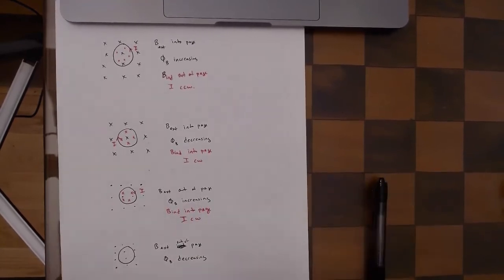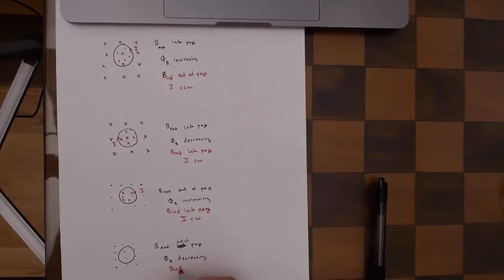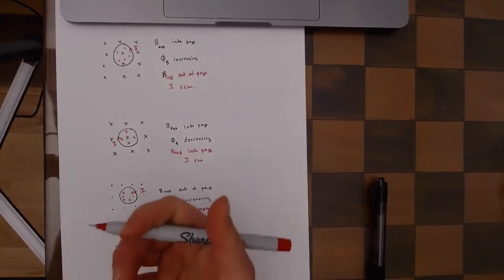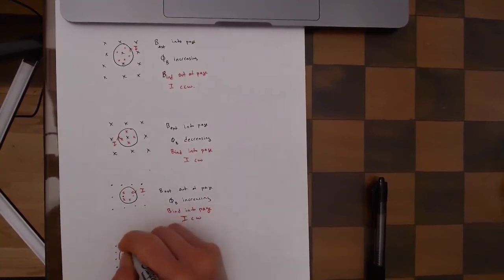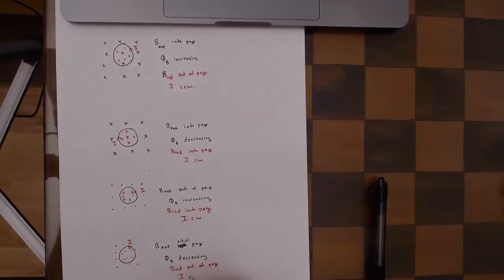So you have B field coming out of the page, but it's getting less and less and less. Then the B induced will want to also come out of the page to try to get it back up to normal. So that's your B induced in the red. And so that means that your current that would have created that B induced has to be going counterclockwise.